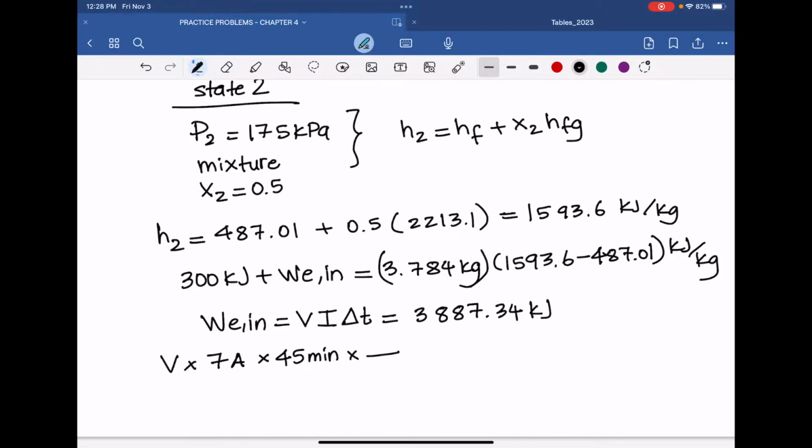And 1 minute is 60 seconds. Now I need to use another unity conversion ratio here because I need to get rid of the voltage and ampere. Instead, I need to use kilojoules as energy unit. Okay.